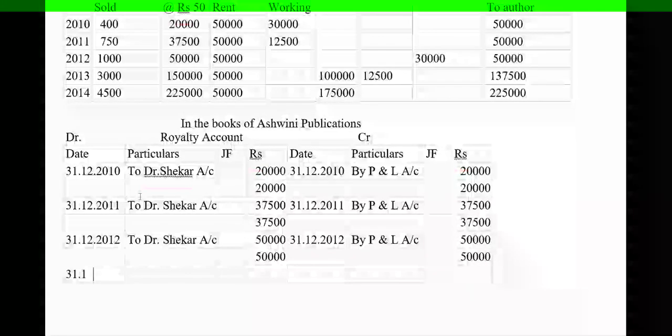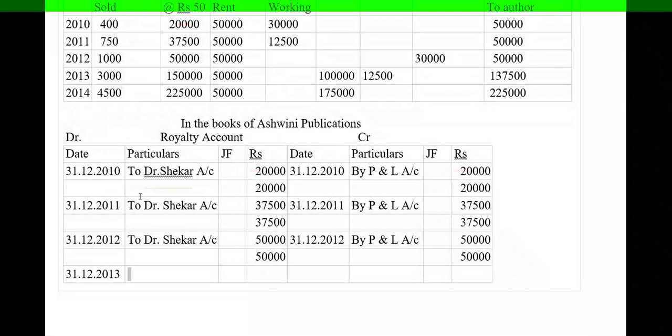Then on 31st/12/2013, when the royalty is payable to the author, the entry will be royalty account debited to Dr. Shekhar's account. So the amount here is 1,50,000.